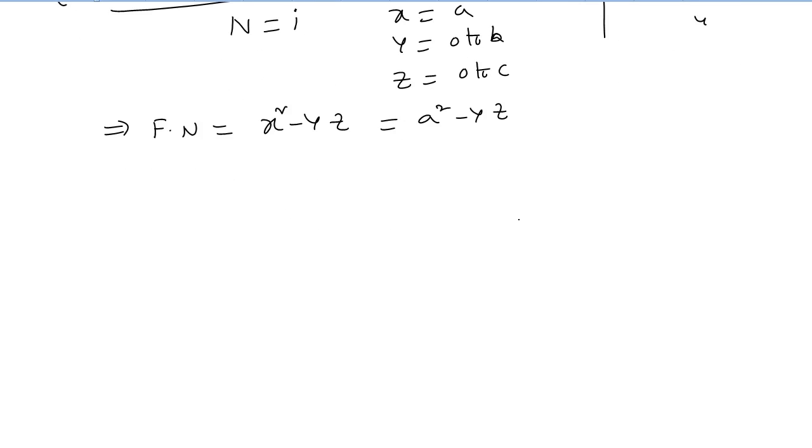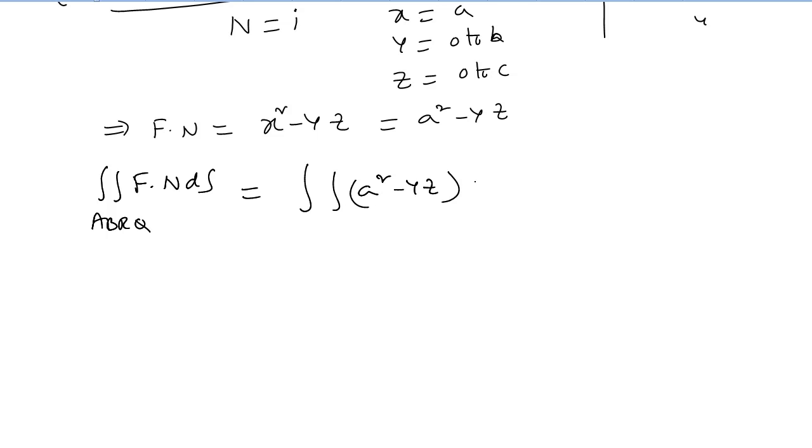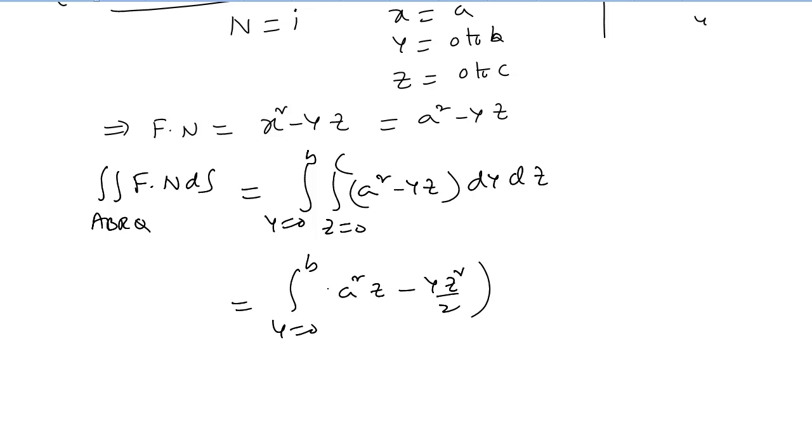Now, double integral f dot n ds over the surface ABRQ, double integral a square minus yz into dy dz, y is 0 to b, z is 0 to c. Integrate with respect to z: a square z minus yz square by 2, 0 to c into dy.